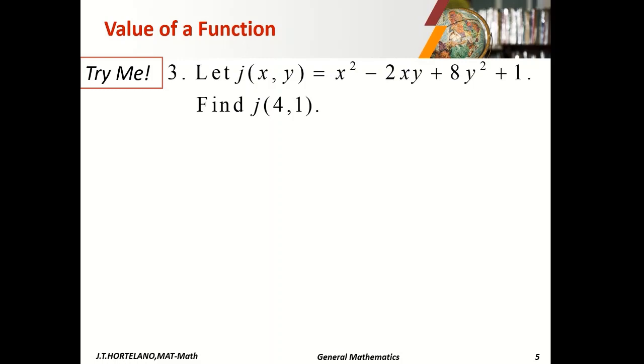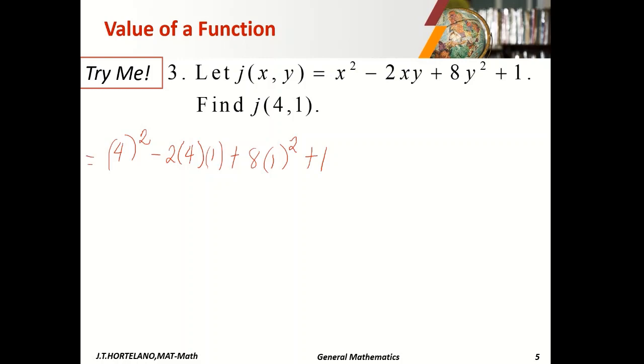So it is just a matter of direct substitution. So the x squared will become 4 squared minus 2 times 4 times 1 plus 8 times 1 squared plus 1.